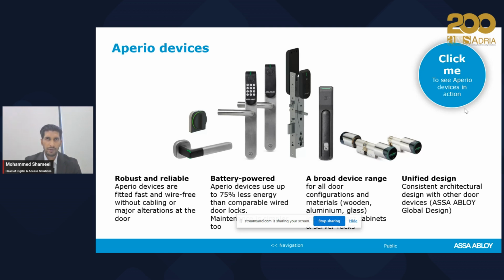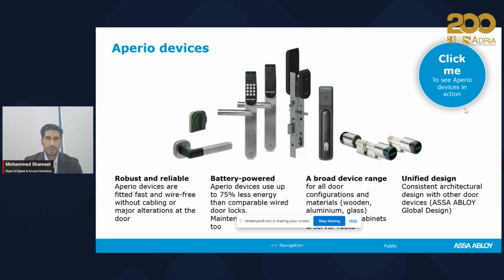So you could have the same credential being used across the facility. Starting from your main door, it could be a standard wired traditional door, and for all the internal doors, you could have Aperio wireless locking devices, and for cabinets, you could again have Aperio devices, the new cabinet lock that's been launched.